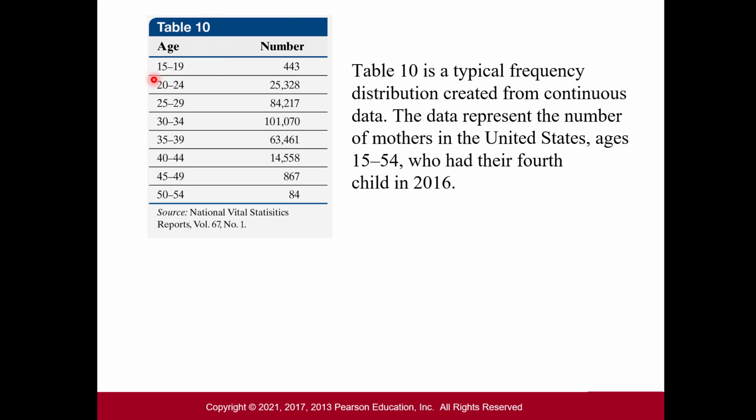We have ages 15 to 54, but each class is a range or interval of values. So between ages 15 and 19, we have a number that had their 4th child in this year. From 20 to 24, a number that had that 4th child that year, and so on, all the way to the end of our age range, which is 54.